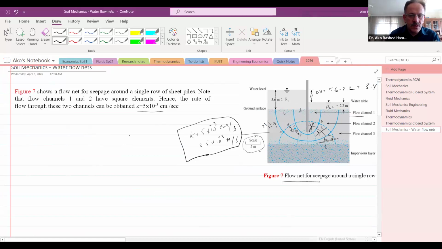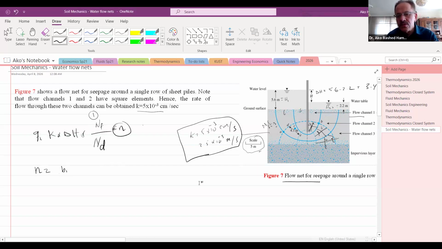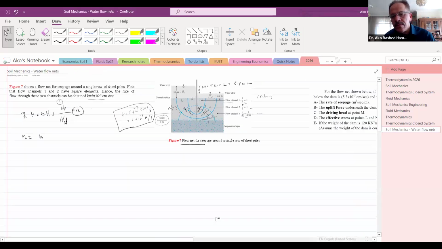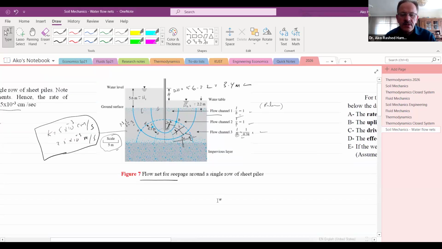Q will be equal to K times delta H times the number of flow channels times small n. Now this n is equal to B1 over L1, plus B2 over L2, plus B3 over L3, and this way for those non-regular blocks.